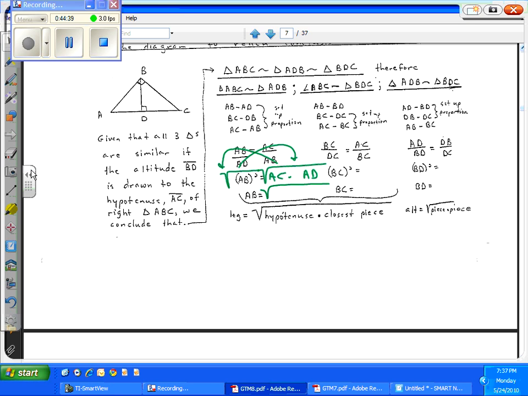And then you'd get rid of the square with the square root. So you have AB as the square root of AC times AD.